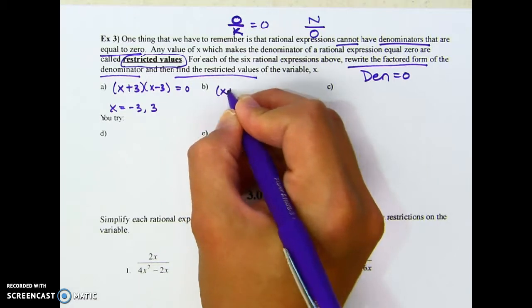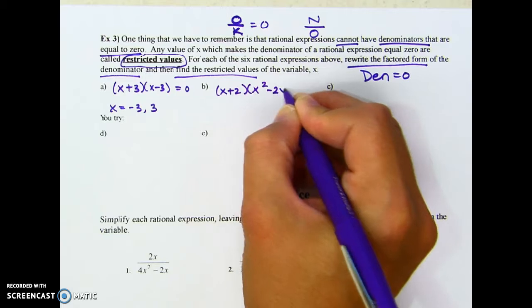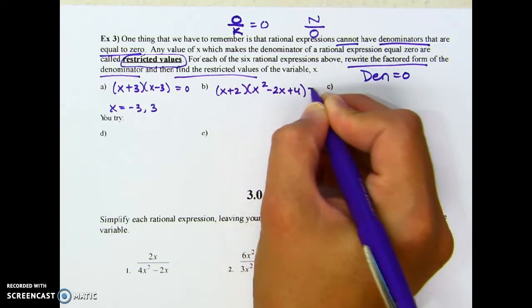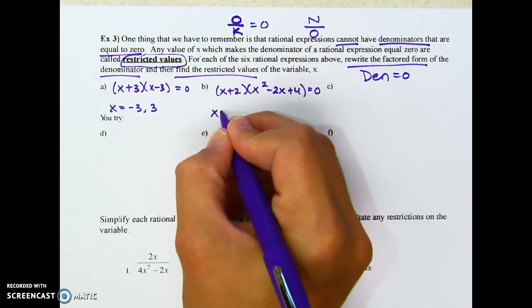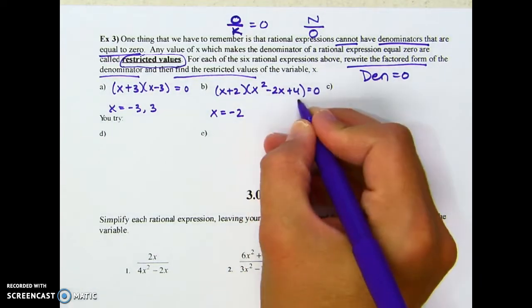X plus 2, this was that cubic. I don't know, we haven't solved this. I've got to think about that for a minute. X equals -2. And then that, I wonder if we need to use the quadratic formula, because this can't be factored.